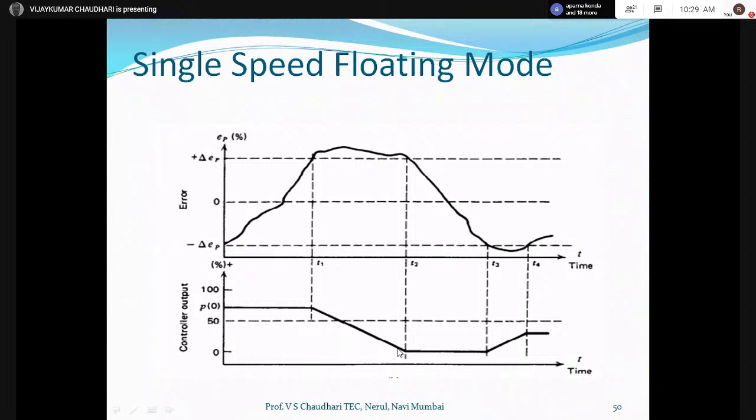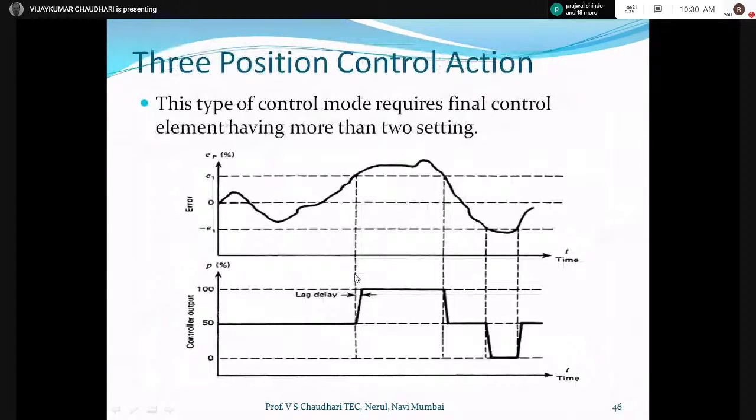What do you think? Can you tell me whether this figure refers to direct action or reverse action? Compare this figure with the earlier one. What is the difference between this and this one?